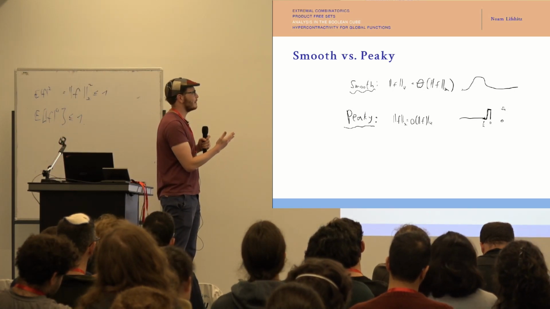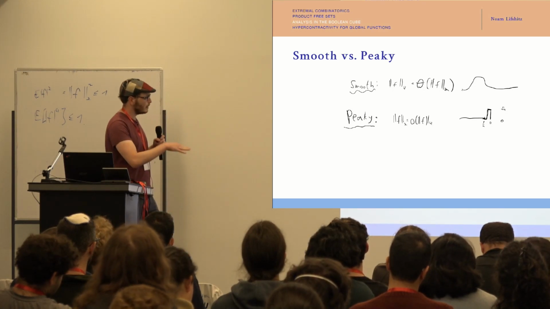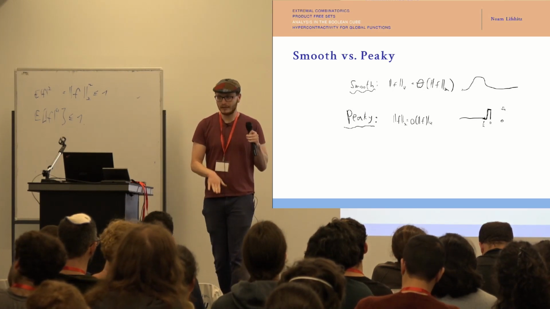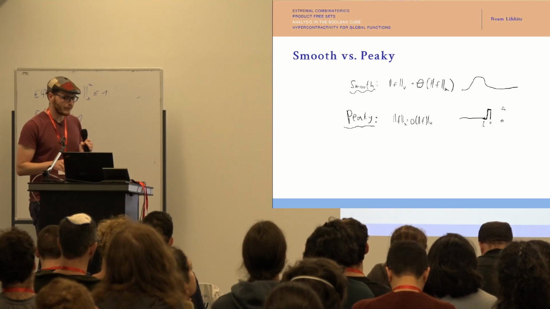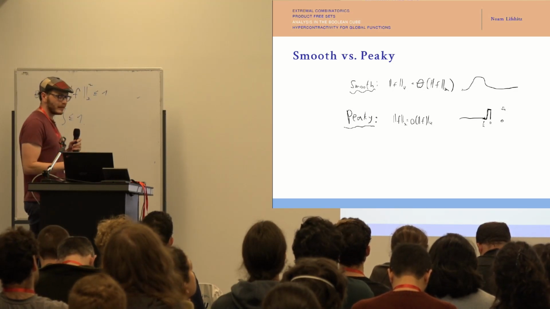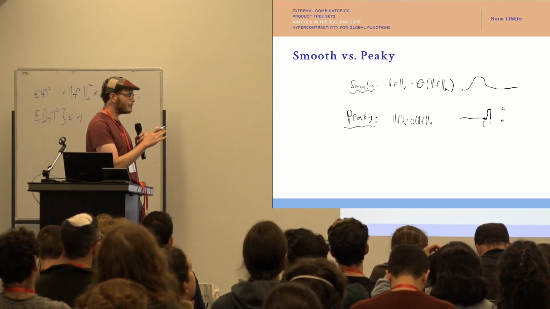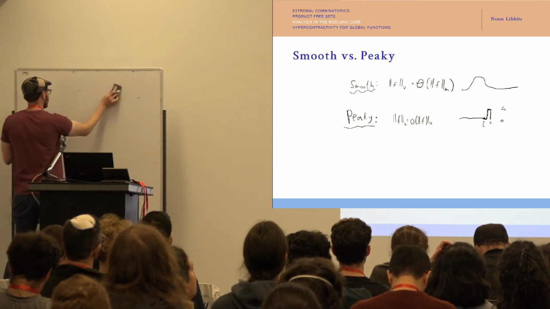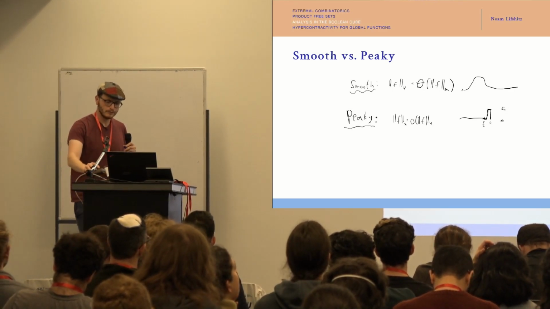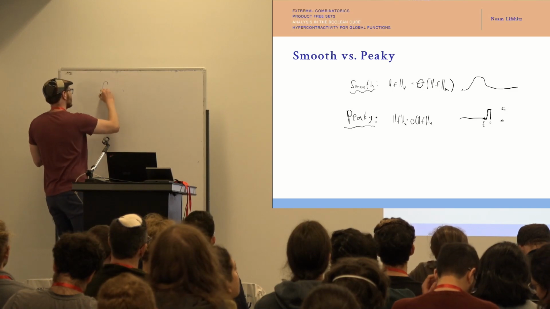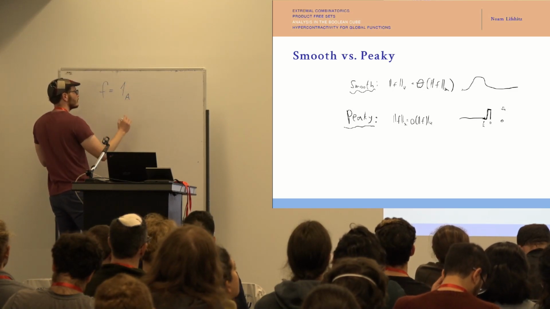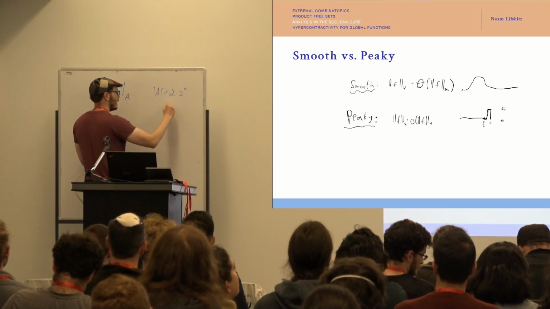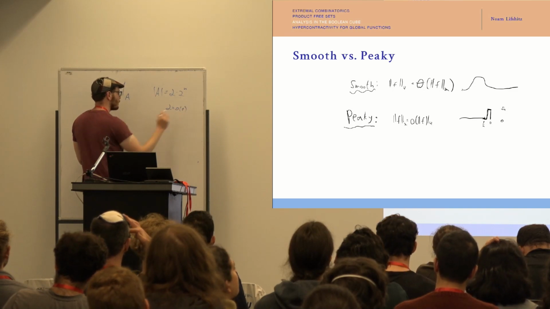And it means that there is a big difference in behavior between these two very different behaviors, the smooth behavior and the picky behavior. And if you look at indicators of small sets, they have the picky behavior. So let's say that F is the indicator of a set A, and the size of A is alpha times 2 to the n, where alpha is little o of 1.